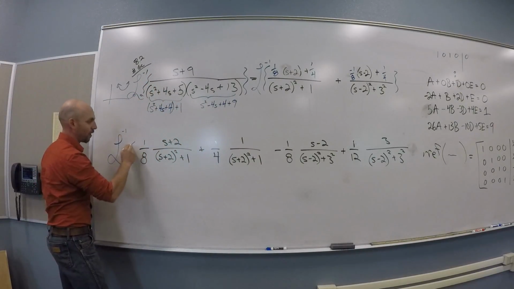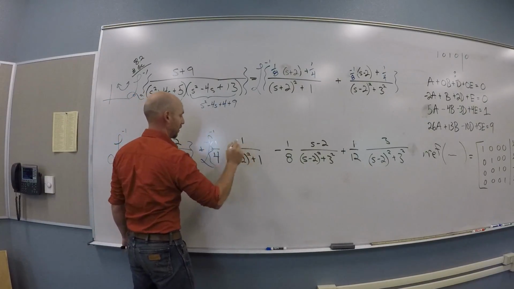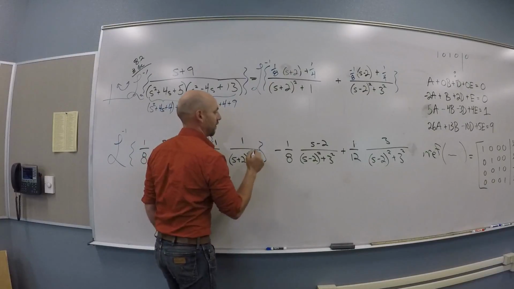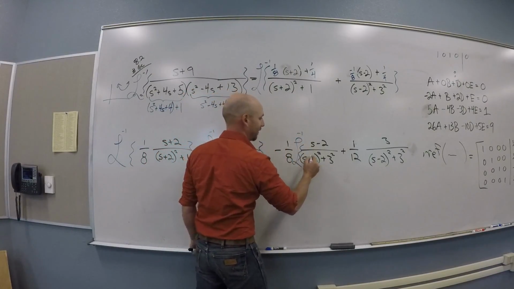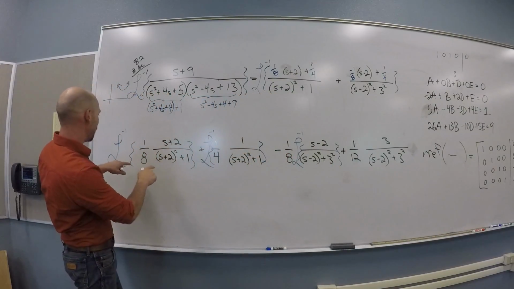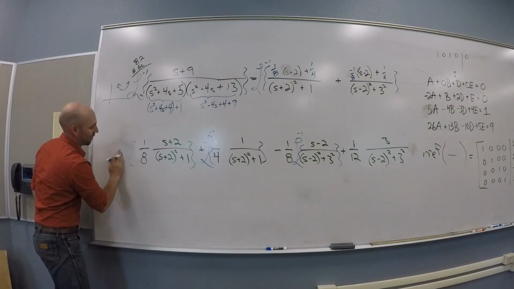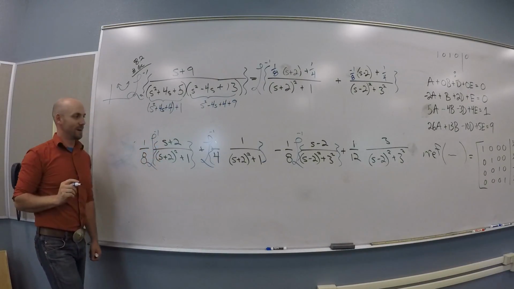I'd be inverse Laplace transforming this piece plus inverse Laplace transforming this piece. I should have put the other two in there. Right, my L's should really be in here.